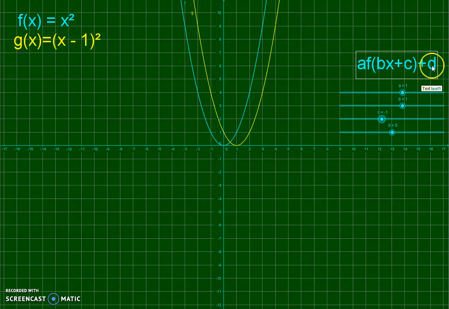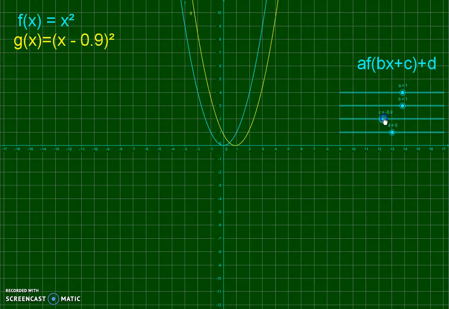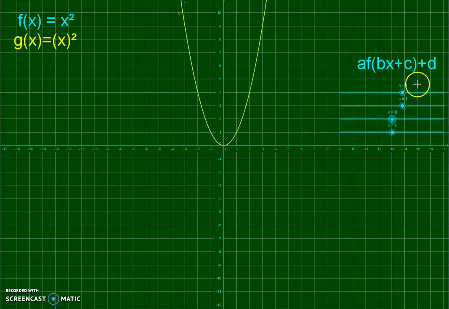Now let's take a look at what happens with d. Let's bring this back to 0. Now d shifts up and down. What's going to shift is this vertex. And this is the exact right sense, because since this is outside of the x, when we add, we're adding to the y, so we're actually changing the resultant y value. So it changes exactly as you'd expect.